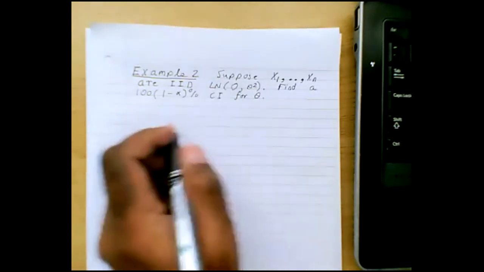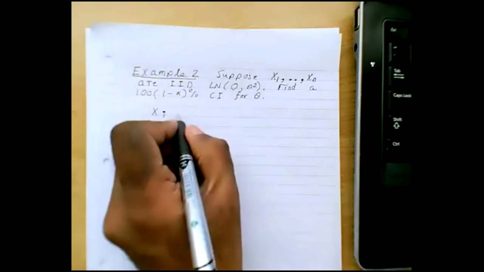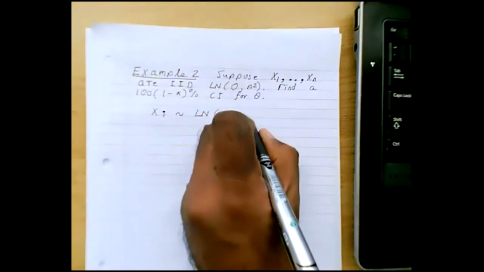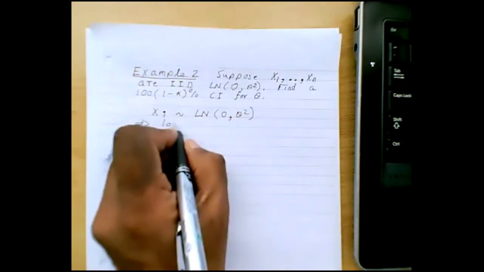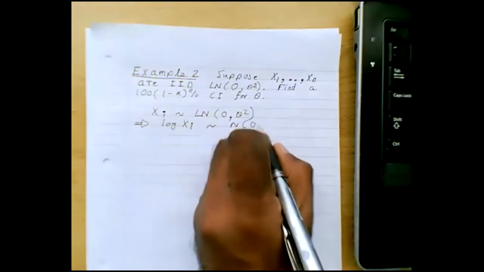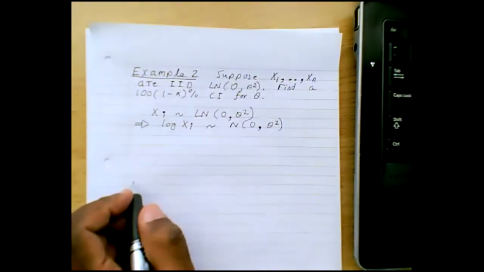Okay, the first thing to realize is that if xi is log normal with parameters 0 and theta squared, then the log of xi is normal. I think I mentioned this last week with the same parameters, right?